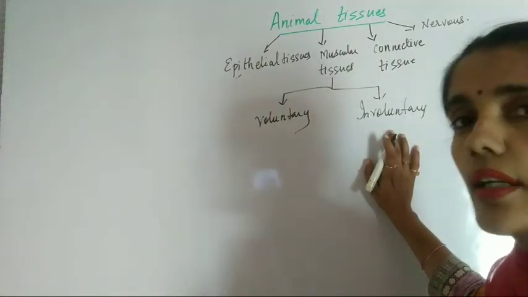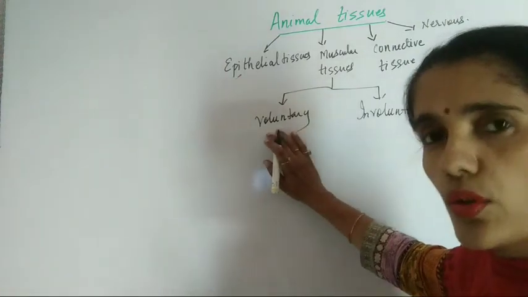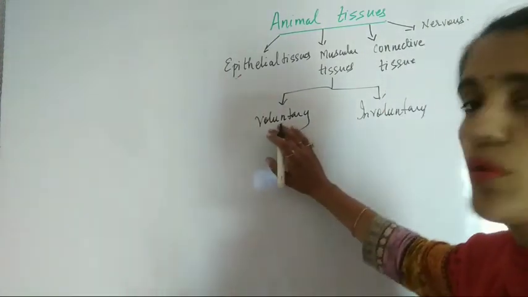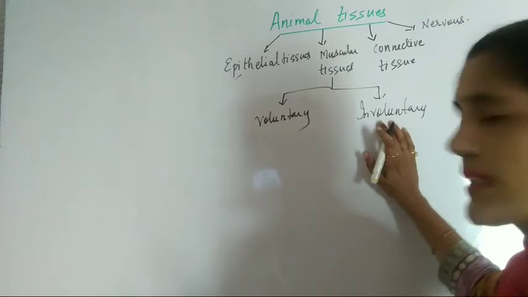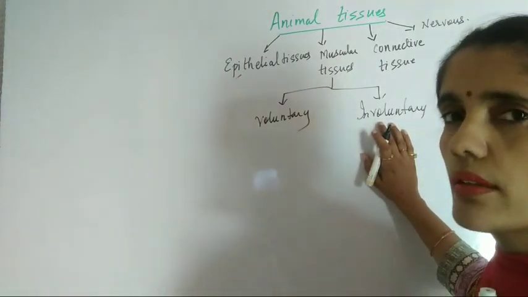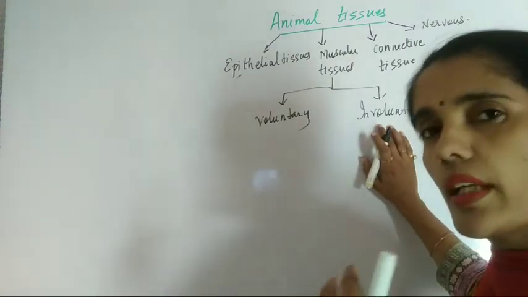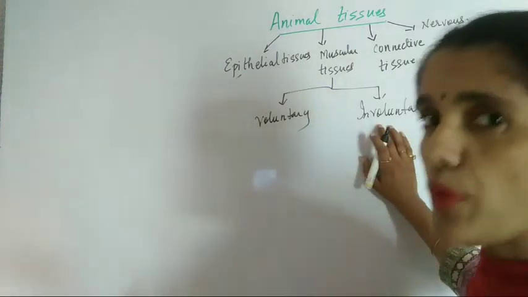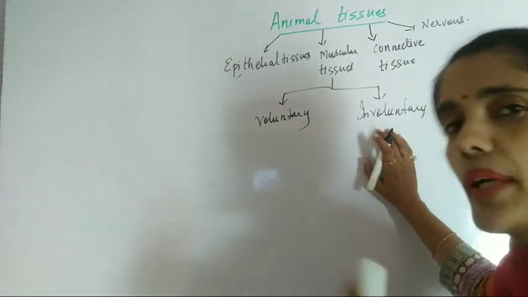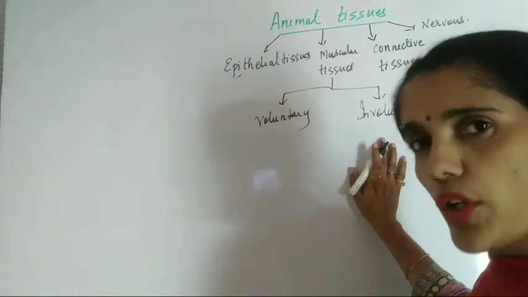It is not under our conscious control, while voluntary muscles are under our control. When we want, we move these muscles. But involuntary muscles move without our consciousness. They work continuously. Even when we are not thinking of that particular muscle, it is moving and working. That is termed as involuntary.